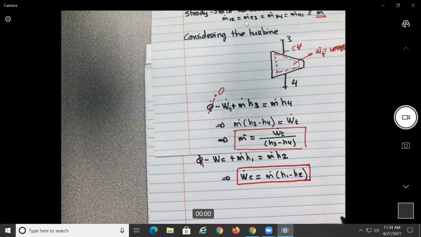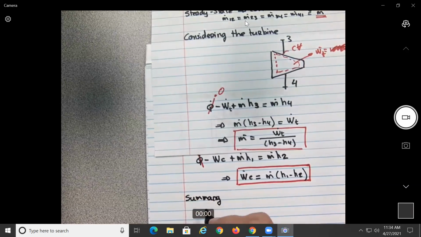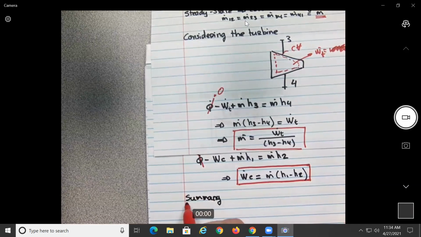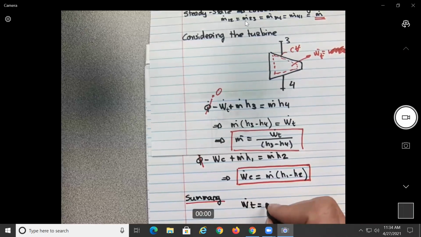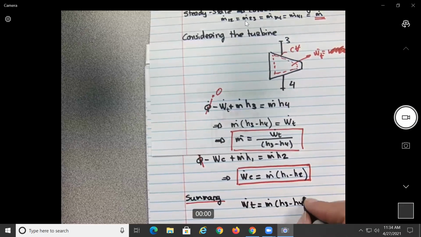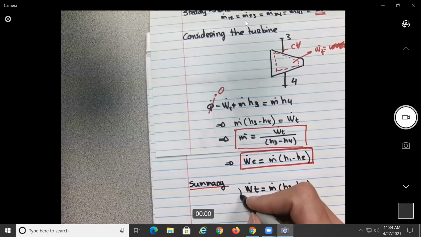Okay, so a summary of what's happening so far. What do we know? We know that the power generated by the turbine is m dot H3 minus H4, and that the work used by the compressor is m dot H1 minus H2, okay?